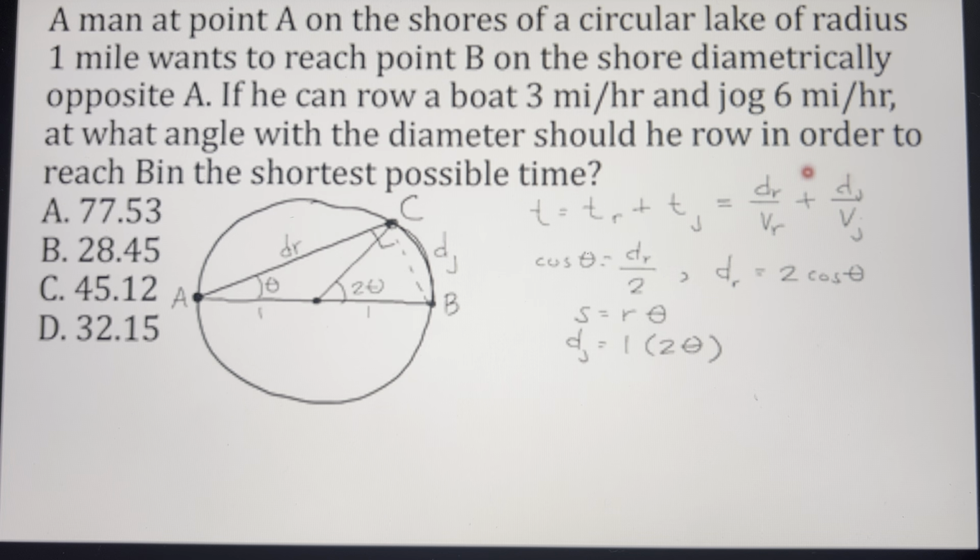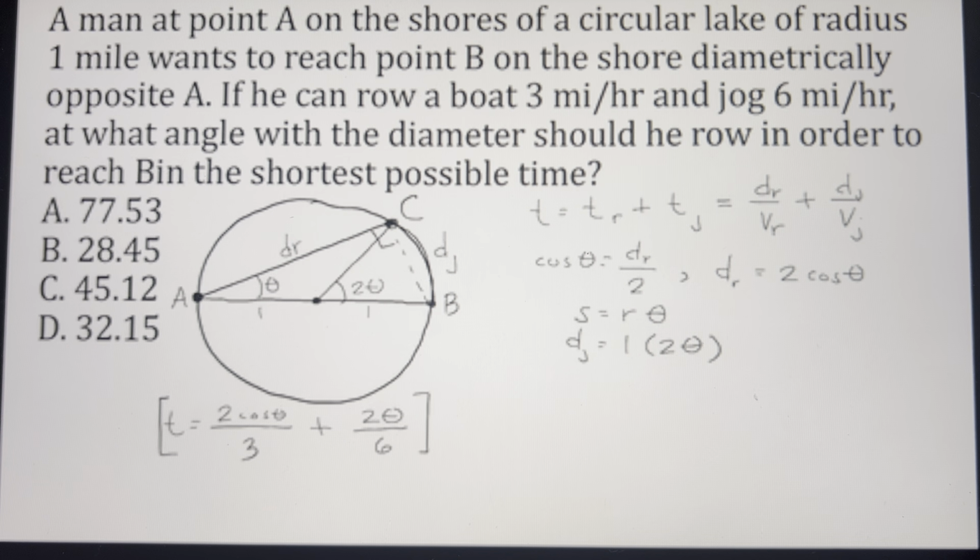So using this formula, the time in rowing is the distance, 2 cosine theta, over the velocity of rowing, which is 3, plus the distance in jogging, 2 theta, over the velocity of jogging, which is 6. Let's get the derivative here.